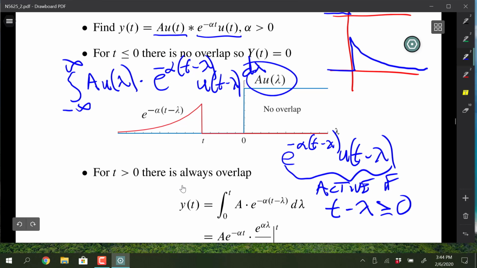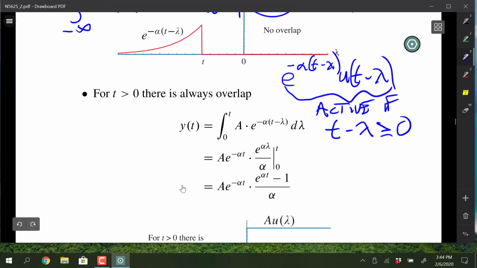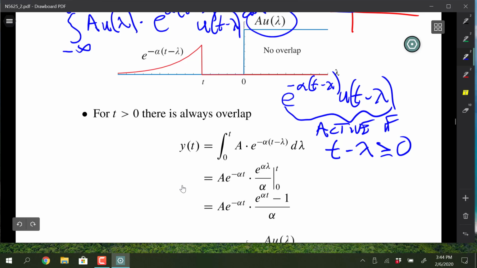Equal to 0 is kind of nebulous because the step function is not defined there, but I'll just say greater than or equal to 0 anyway. So I know that that's where it's active, right? But then how do I plot the function? How do I know that when I plot this function, it sits over here in this orientation?